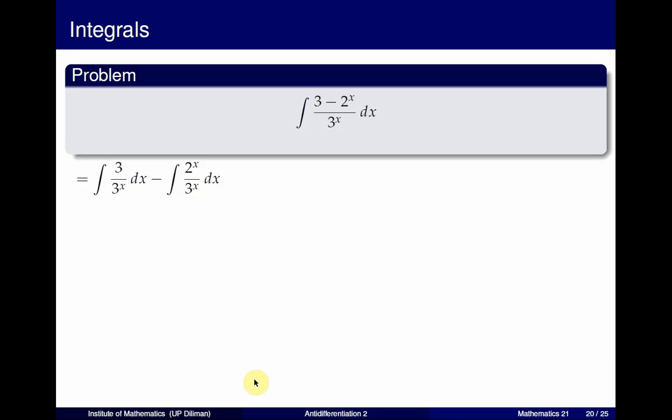It's because, look, it's way easier to evaluate each integral separately. In what sense? Well, the first integral, the first fraction, simplifies to 3 raised to 1 over 3 raised to x, or 3 raised to 1 minus x. The second fraction, using the law of exponents, becomes 2/3 raised to x. So the second integral is readily integrated.